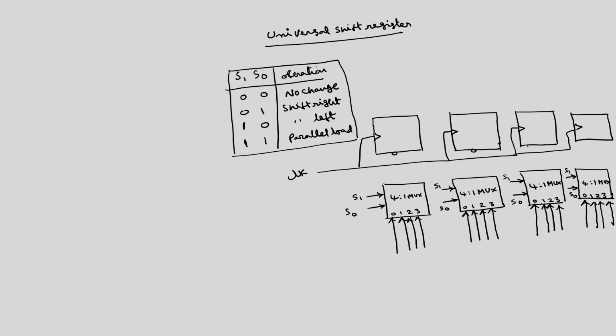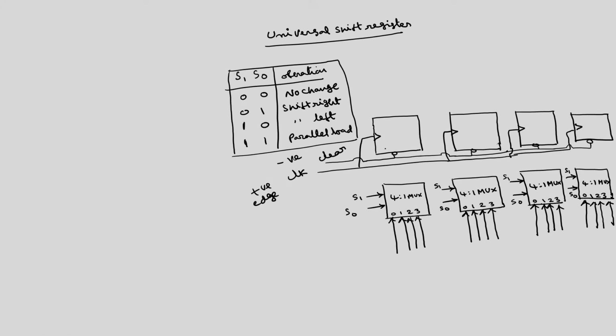You can have a clear input, and the preset inputs are permanently tied to 1. If I connect this clear signal, which is an active low signal, this is clear, this is positive edge and this is say negative edge. So, whenever a 0 is applied, all the 4 flip flops will reset.